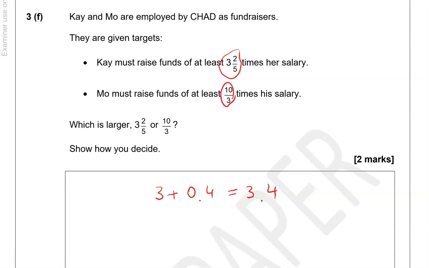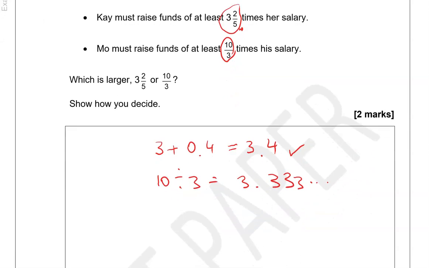Now 10/3. Again with a calculator, 10 divided by 3, that gives us 3.333 and so on. So 3 is recurring. So 3.4 is higher. So that's why we're going to say 3 2/5 is higher.